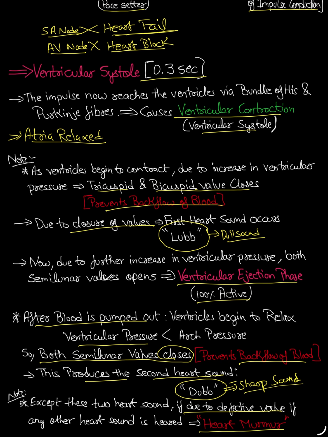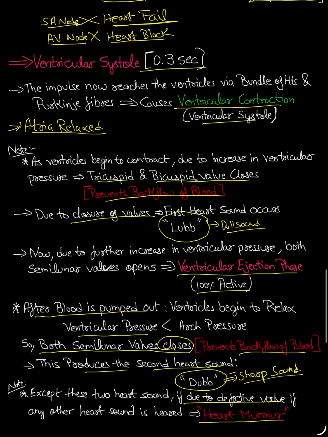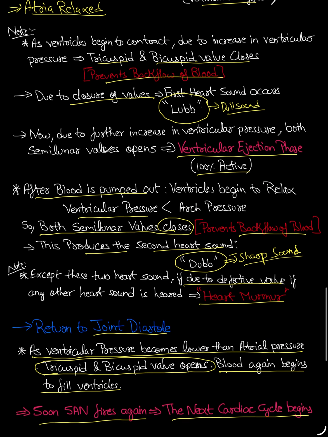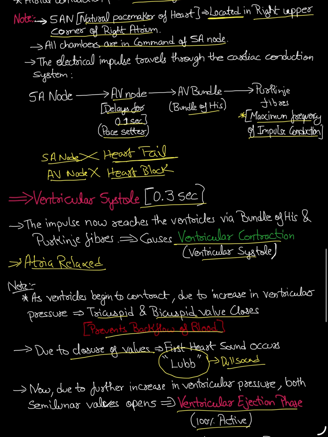The students are asking at what time the atria are filled with blood. During the ventricle systole, the atria fill with blood, and they empty at the joint diastole and auricle systole. In joint diastole it empties passively and in auricle systole actively.